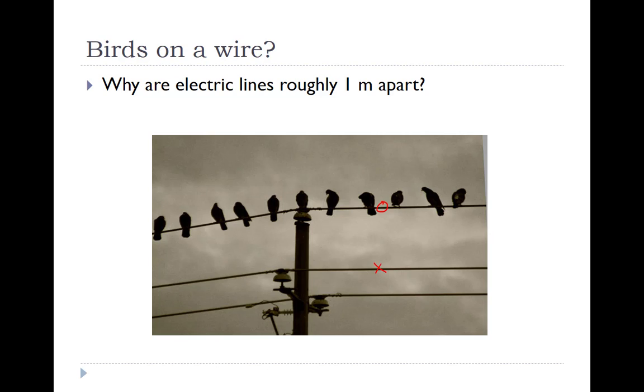Okay, but when I have a complete circuit, I am now providing a path for the electrons to flow from the anode to the cathode. So if I go back to my battery, here's my battery.